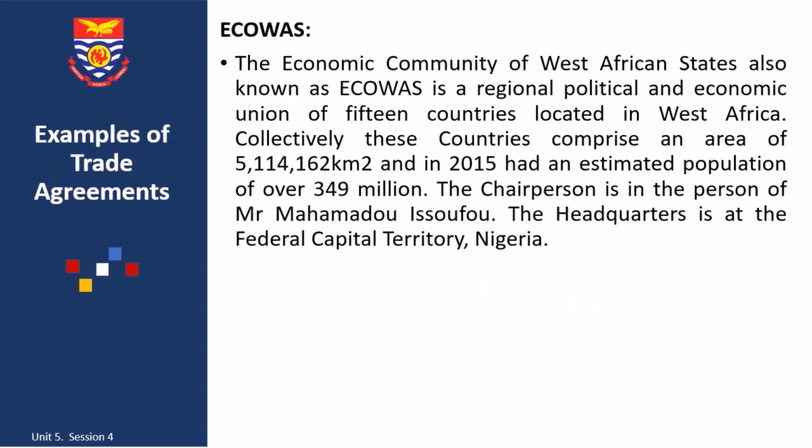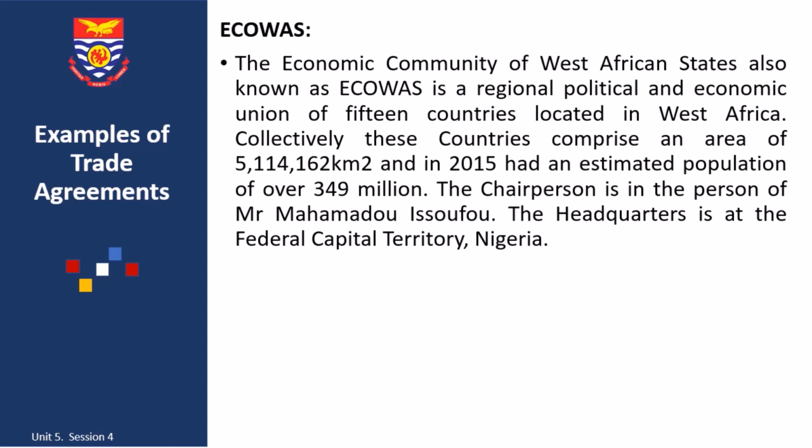Then there's ECOWAS, that's for West African states. It is also an example of a trade agreement. The Economic Community of West African States, also known as ECOWAS, is a regional political and economic union of 15 countries located in West Africa.